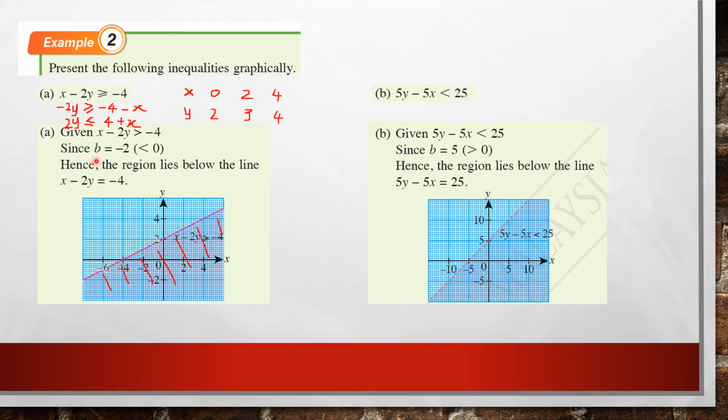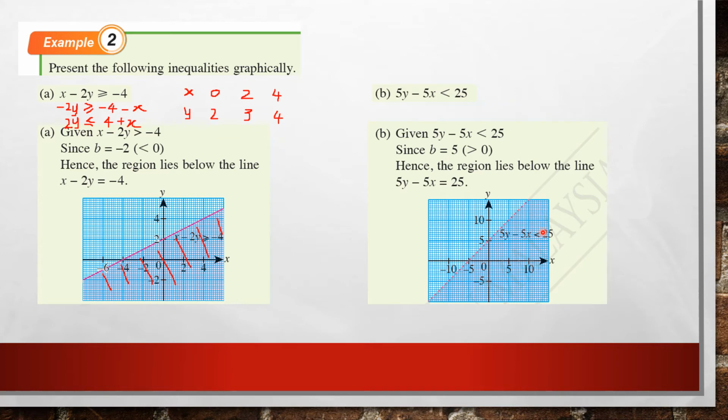Just now, the coefficient of y was negative 2. Now the coefficient of y is 5, which is positive, that means greater than 0. Hence, the region lies below the line 5y minus 5x equal to 25. So, it lies below.